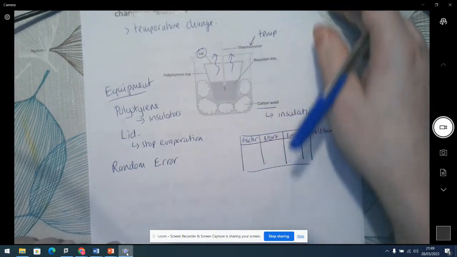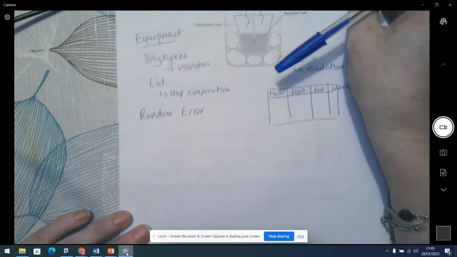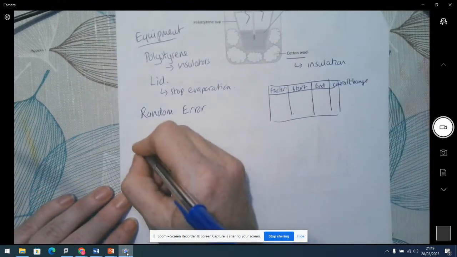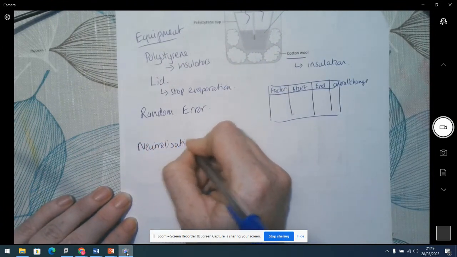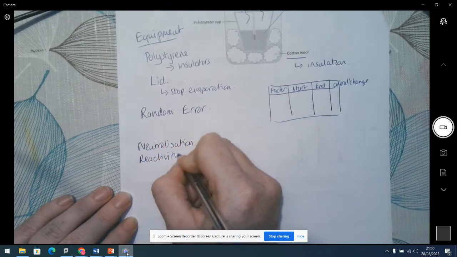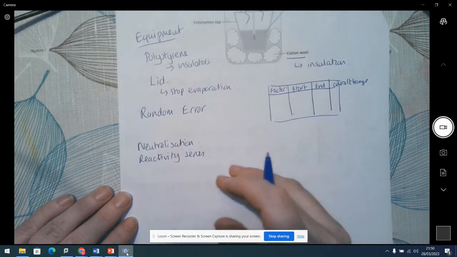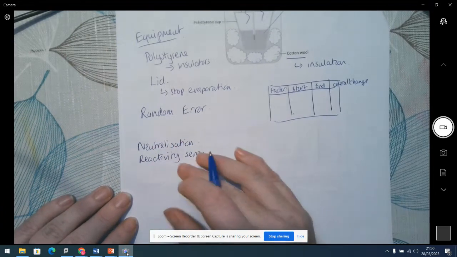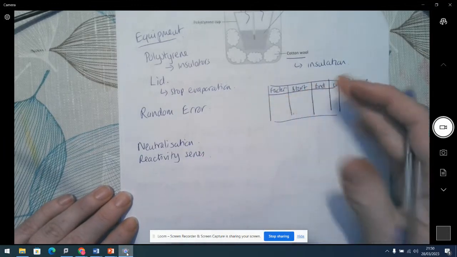Okay. So what types of experiments does this usually come up with? It usually comes up with things like neutralization reactions. I've seen it asked linked to the reactivity series, where you want to demonstrate that one metal is more reactive than the other. We know that if there's a greater difference between metals in the reactivity series, they'll give out more energy.